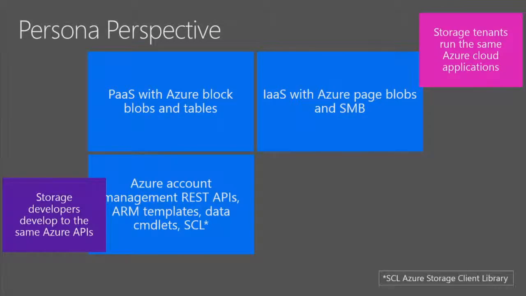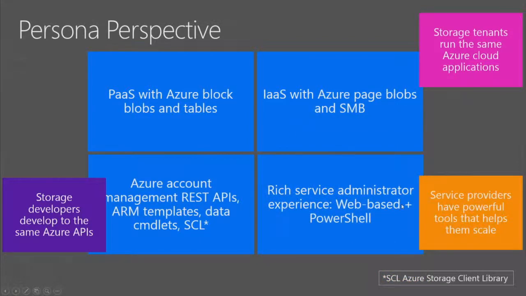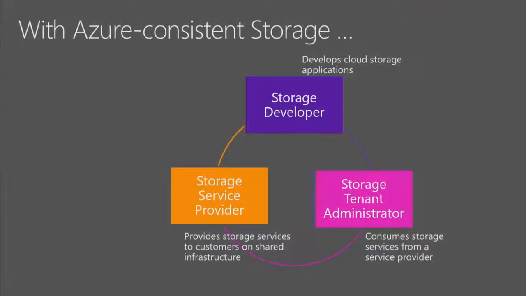The second aspect here is from a developer perspective, as I briefly mentioned earlier, all the way down to storage client library APIs and PowerShell commandlets, and there is perfect consistency for block blobs, tables, and page blobs. It means I, as a developer, I could just code to the same APIs that I'm very familiar with. And the third is the rich service administrator experience, both portal-based as well as a new set of PowerShell commandlets. And that would be very powerful tools as well.